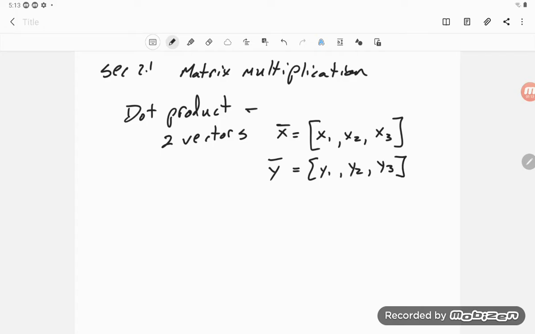It could be any length here on these. And generally, just for dot product, we are just talking about vectors. And so technically, I could have one vector going across, one going down.